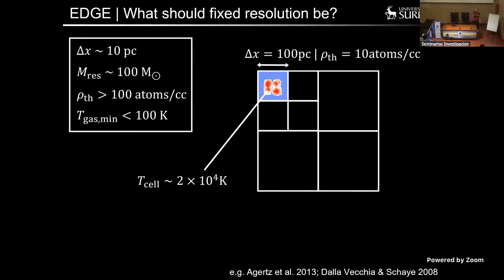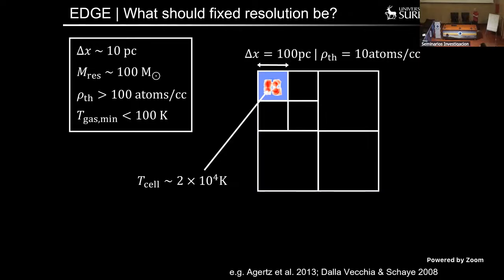And these are all completely valid things to do at this resolution. And you can argue cogently that if you don't do it, it's definitely worse. But in terms of predictive power, it's not clear which of these choices is the best one. And you might worry that whatever choice you've made, it's fine, but you don't know that it's going to give you a realistic galaxy at the end for the right reasons.